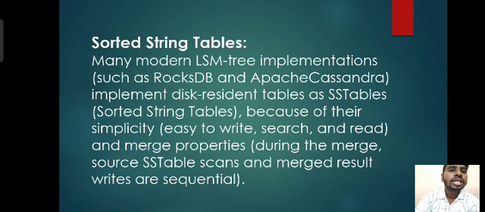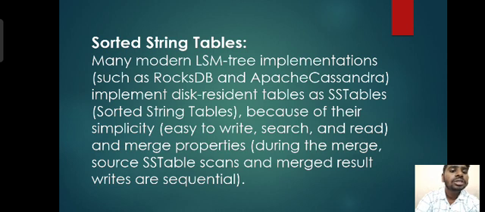Sorted string tables. Many modern LSM tree implementations, such as RocksDB and Apache Cassandra, implement disk-resident tables as SSTables, sorted string tables, because of their simplicity and their easy-to-write, search, read and merge properties.